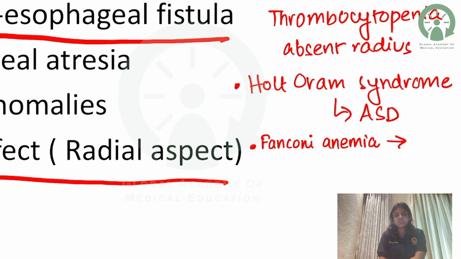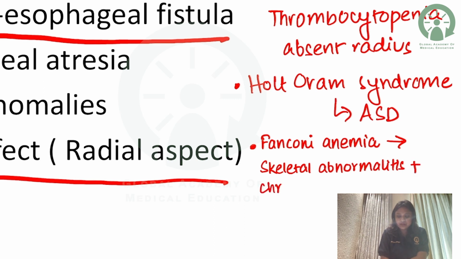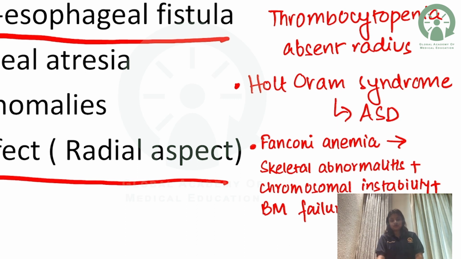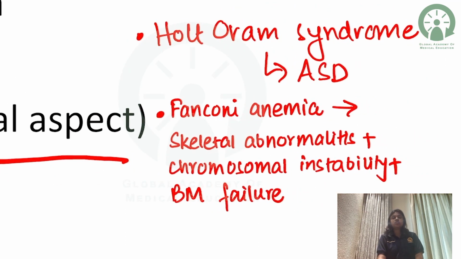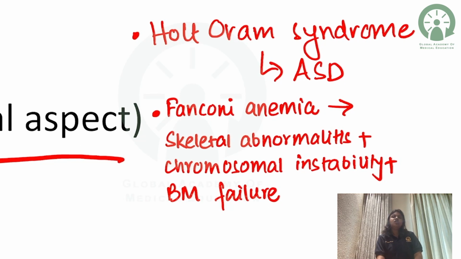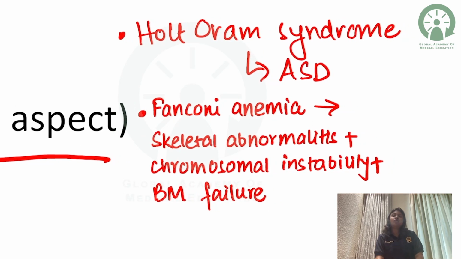So Fanconi anemia is a triad of skeletal abnormalities, plus chromosomal instability, plus bone marrow failure. So if I need to ask you what is the most common bone marrow failure syndrome, the answer will be Fanconi anemia.